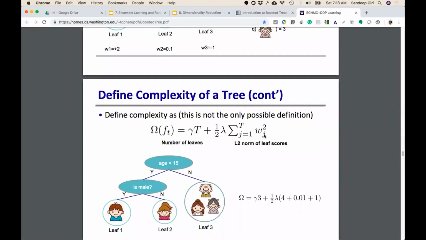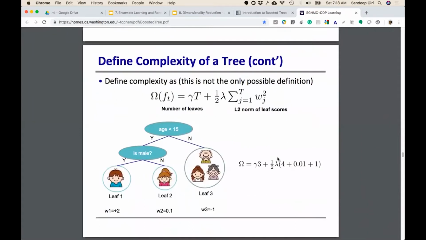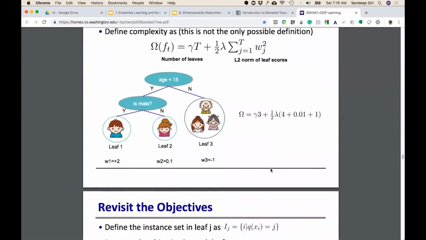We go over every tree, the tth tree, and over all the leaves from 1 to t, and we square the weights. Let's say these are the weights, so we square and sum them up.